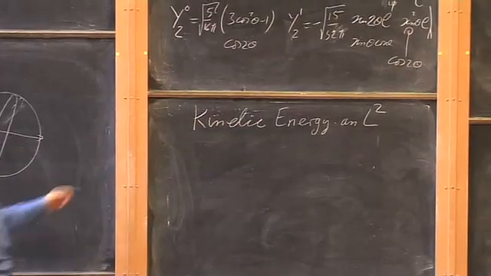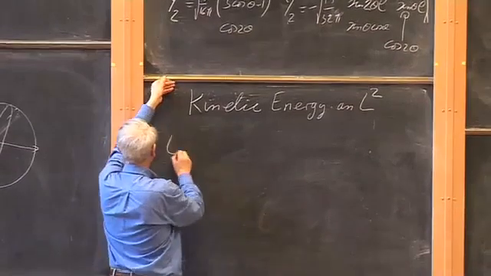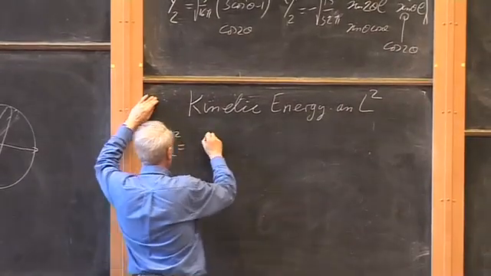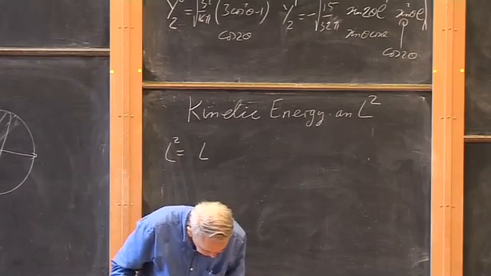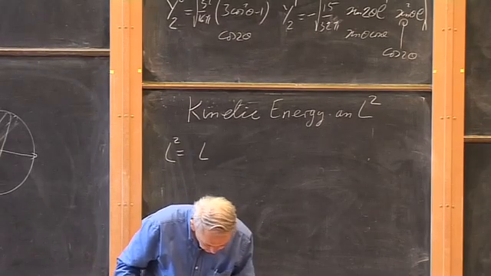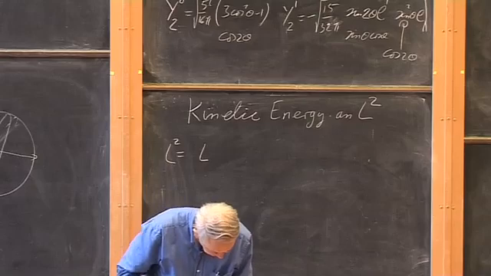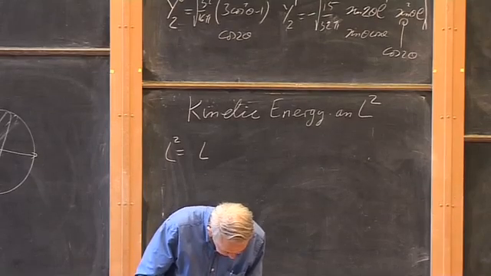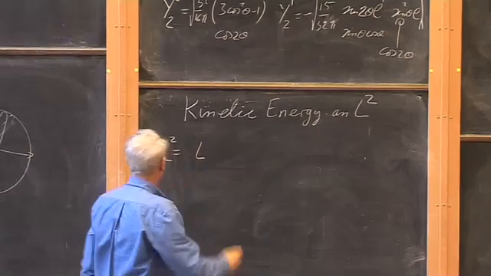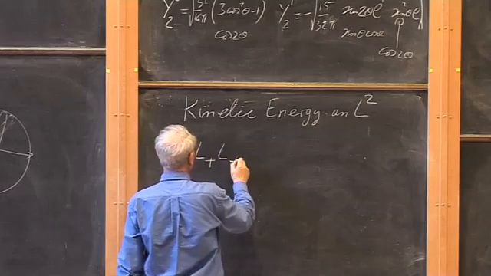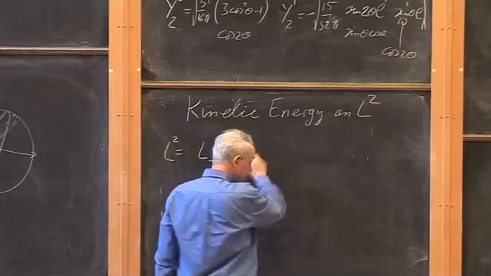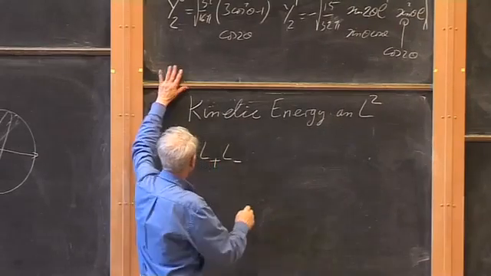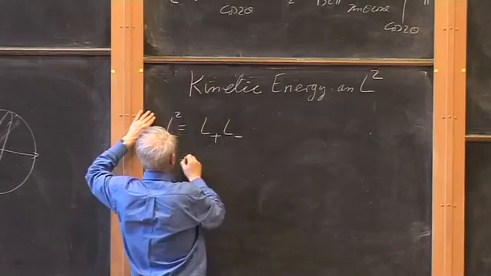So we start by observing that L squared can be written as L plus L minus. I can write it either way, but let's do it consistently like this. Let's see what we're going to have to add to this to make L squared.